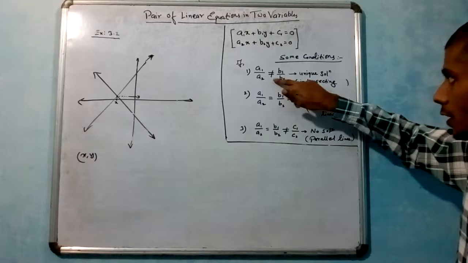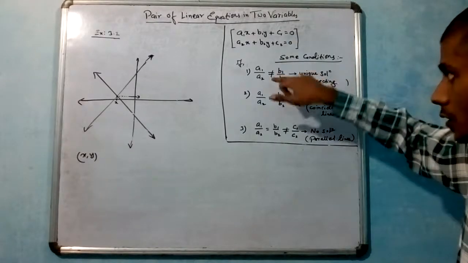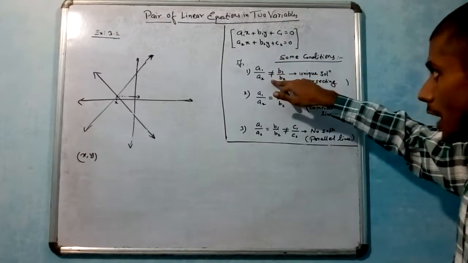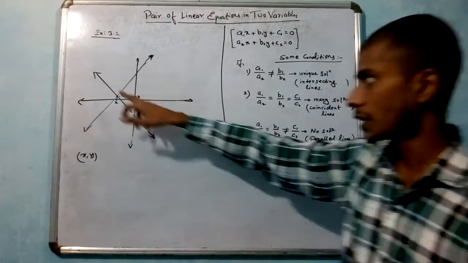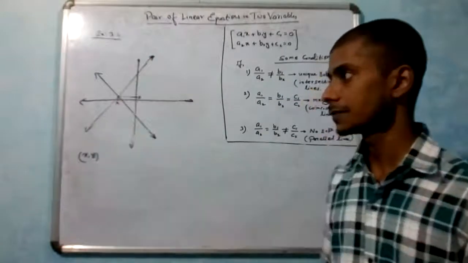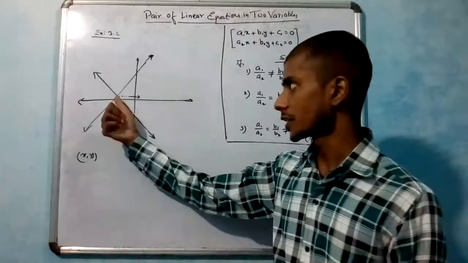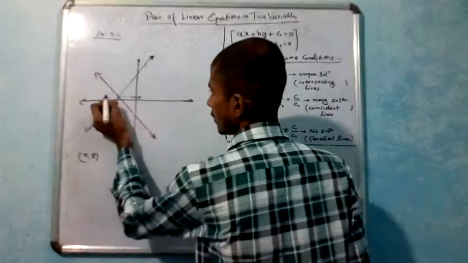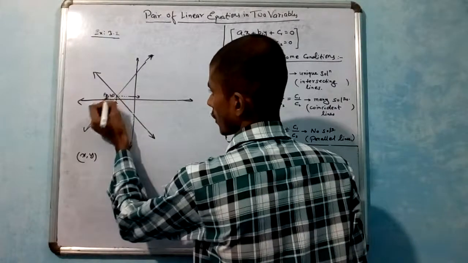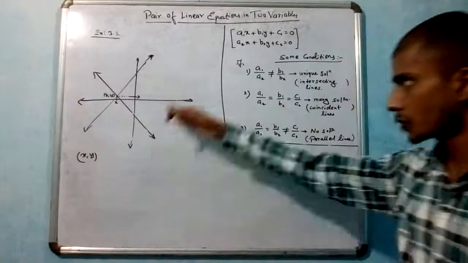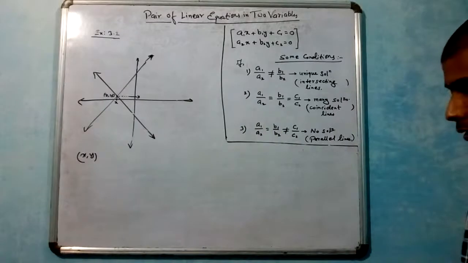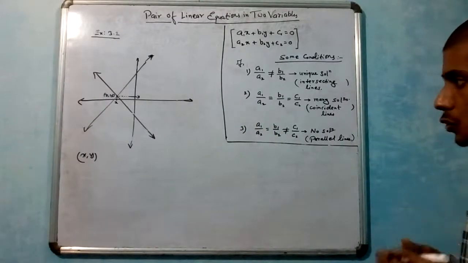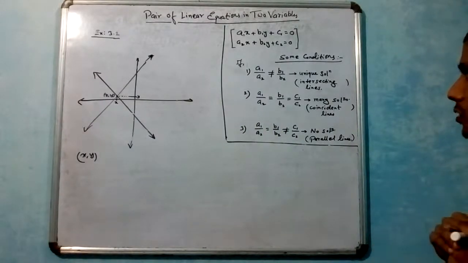After that, if we had the unique solution case, we will get intersecting lines. So go to the intersecting point, check its x and y coordinates, and that value will be the solution for that question. Done. Question done. Finished.